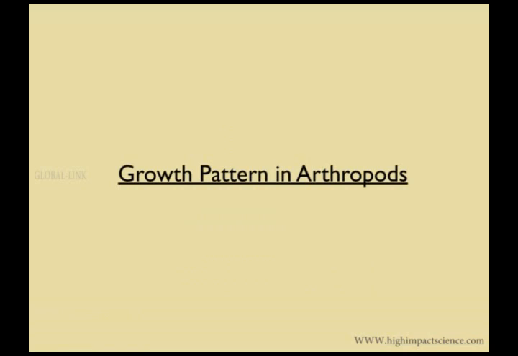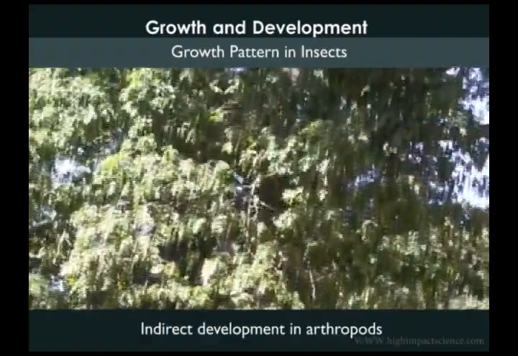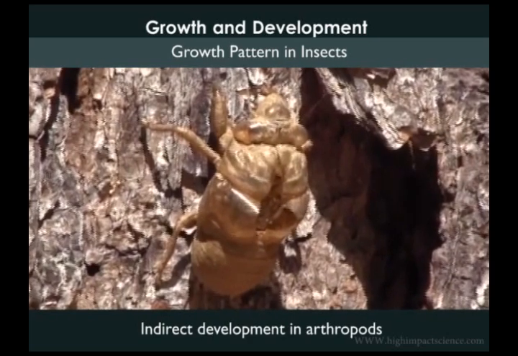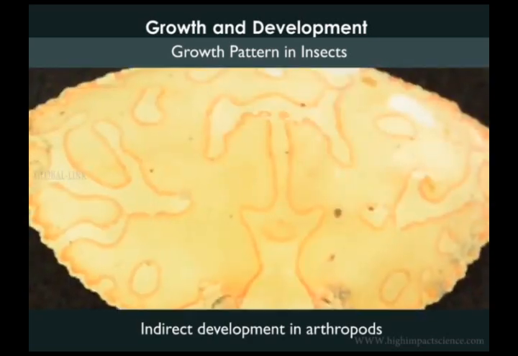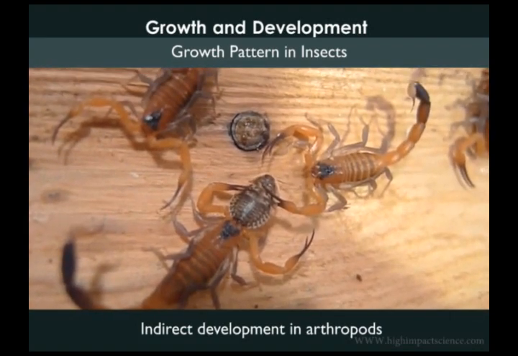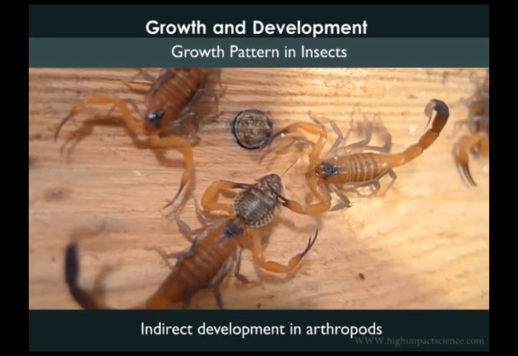And finally, growth pattern in arthropods. Now, whereas growth in plants and animals is smooth and continuous, growth in arthropods is intermittent. It occurs in intervals, and that is because the chitinous exoskeleton limits the expansion of the insect tissues.